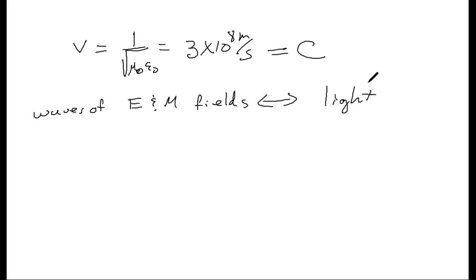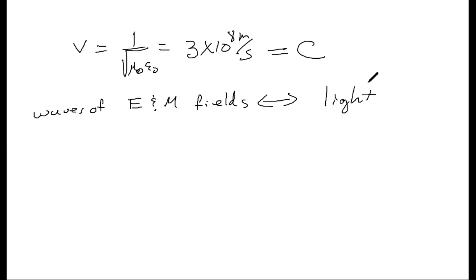This was a total surprise. My understanding is Maxwell worked out his theory. He figured out the complete equations for electricity and magnetism. He then found these wave solutions. And his first thought was, oh, well, what is the speed of these waves? And he plugged in the numbers.